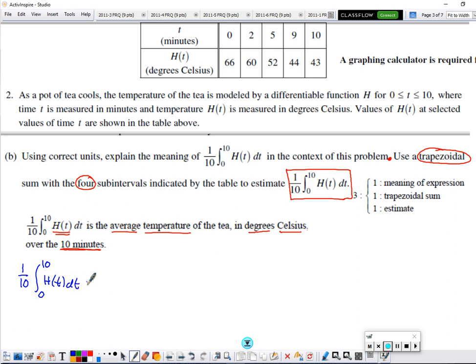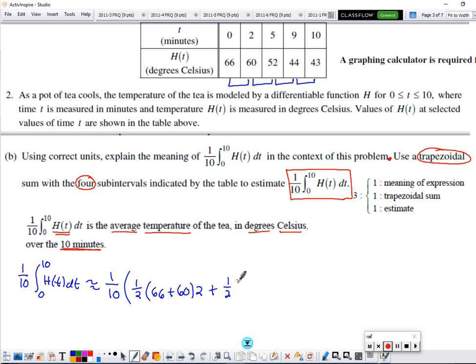And I'm approximating the integral using a Riemann sum. So let's see, 4 subintervals. So we say, don't forget the 1/10. For the trapezoidal Riemann sum, we do 1/2. I look at the first subinterval, I take the 2 temperatures, one on the left, one on the right, add them together. Multiply by the width of that subinterval, and continue.